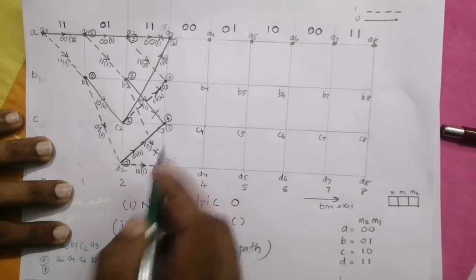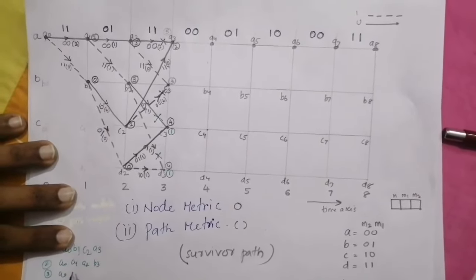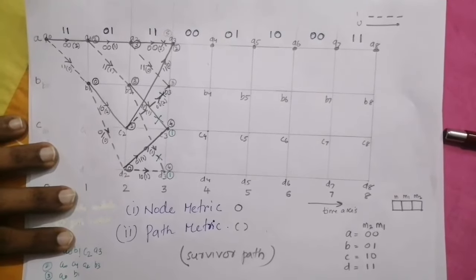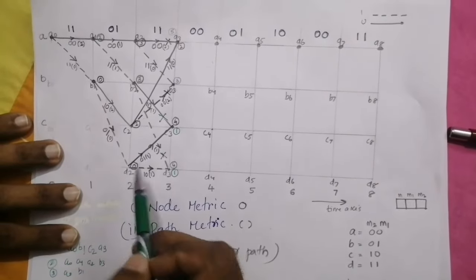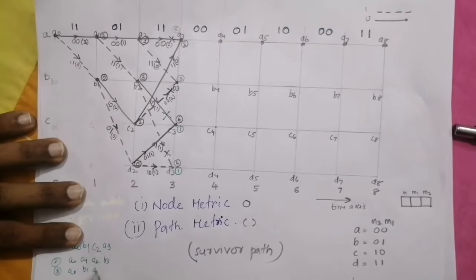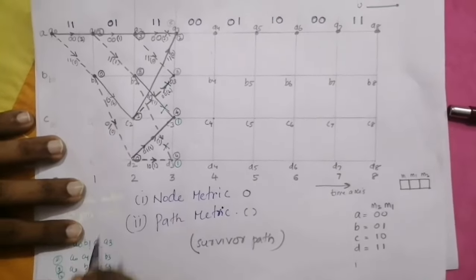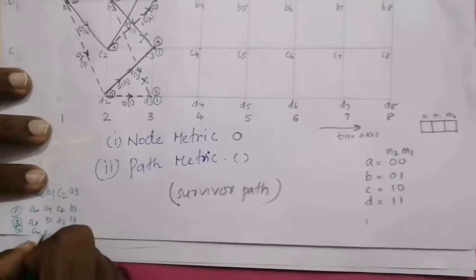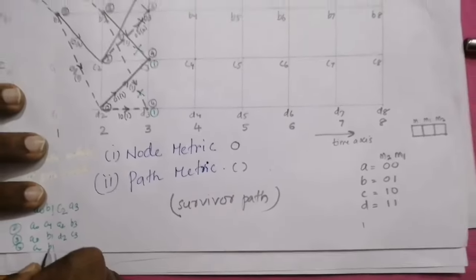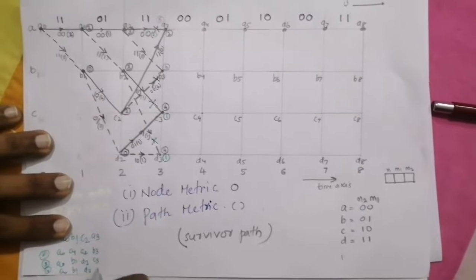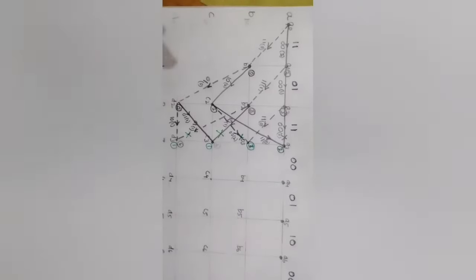The third path is A0, B1, C2, C3. The fourth path is A0, B1, D2, D3.